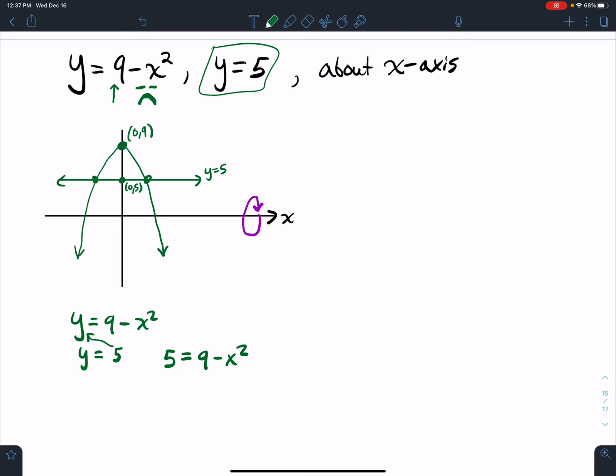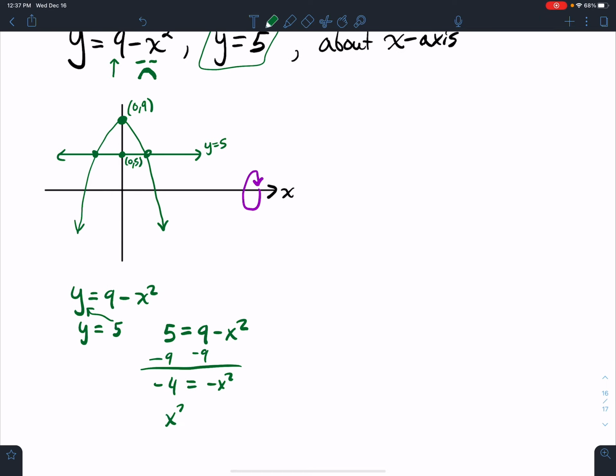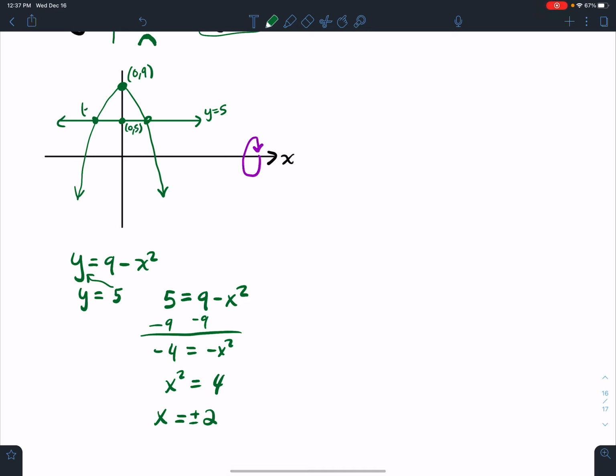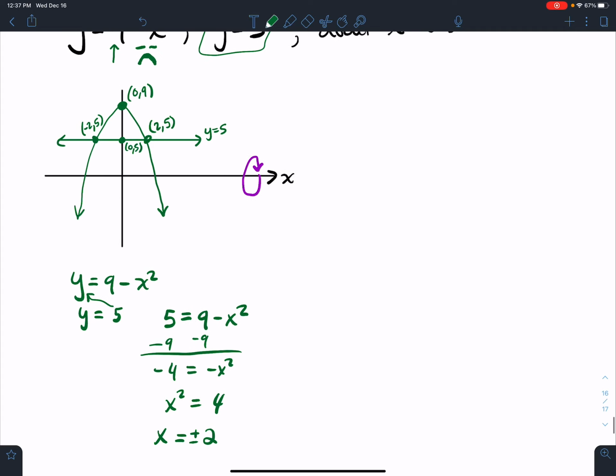If I move the 9 over, I have negative 4 equals negative x squared, so that means x squared equals 4. And so if I square root, I get x is equal to plus or minus 2. So I have a negative 2 here, and I have a positive 2 there. I know that the y value is 5, since it's a horizontal line, the y value is always 5 there.